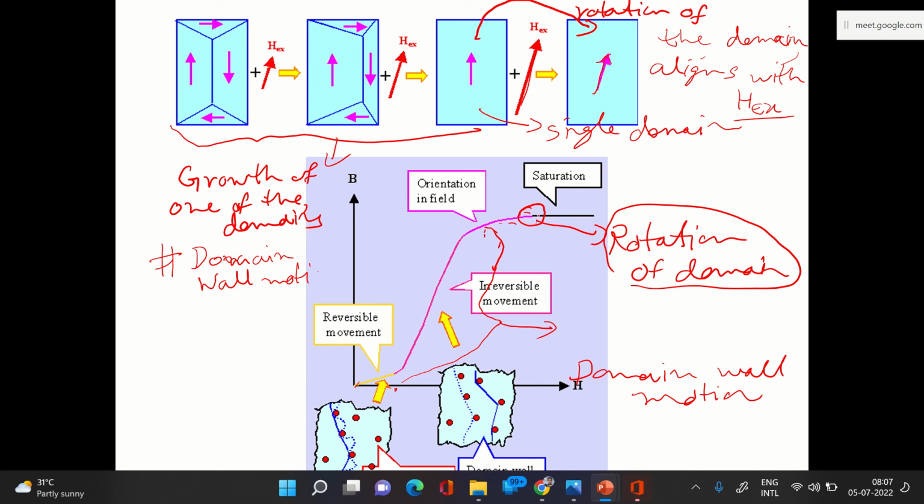Then one final rotation, and it will align. That kind of thing happens near the saturation point, and before that it is domain wall motion. So domain wall motion and rotation of the domain are the two things that happen.